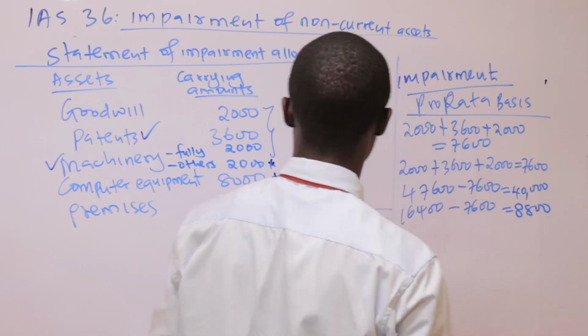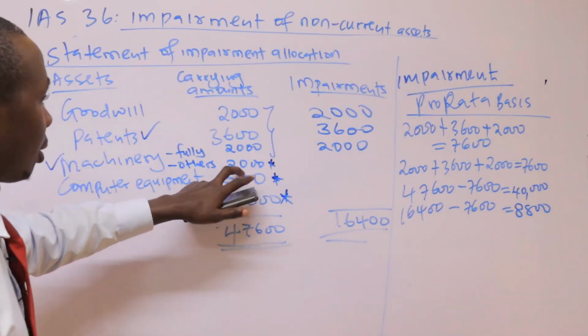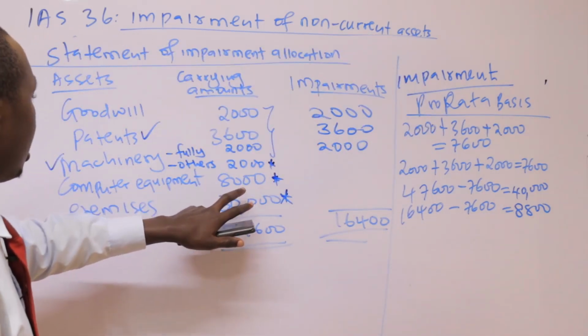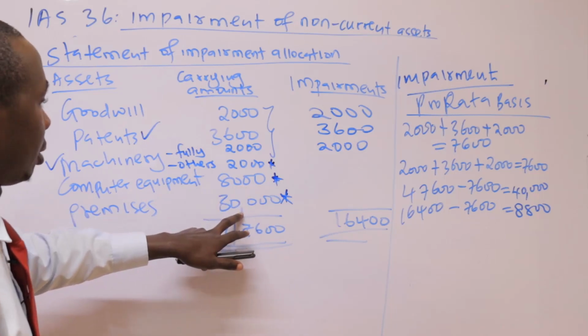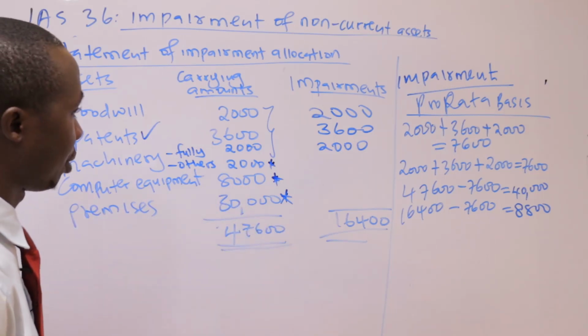And now let us allocate the 2,000, 8,000 and 30,000 to the balance of the impairment.